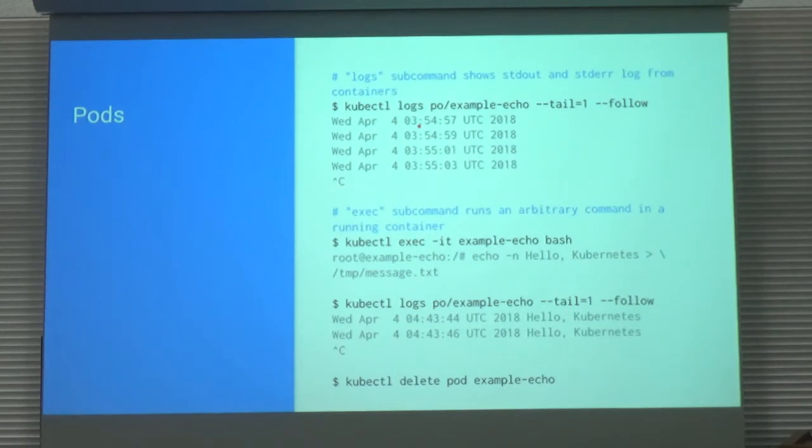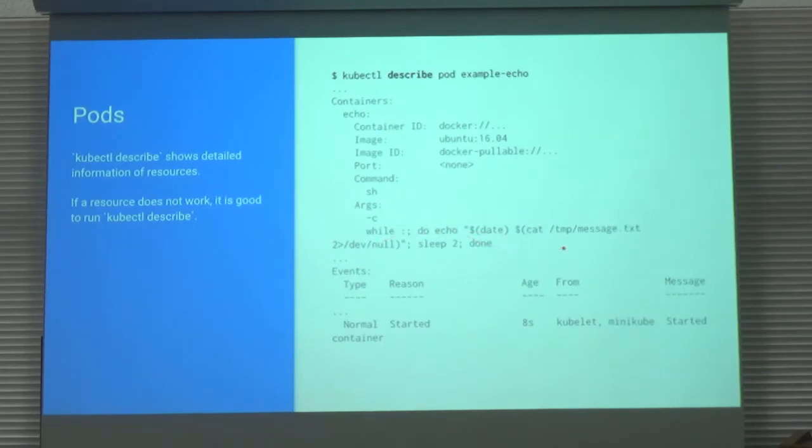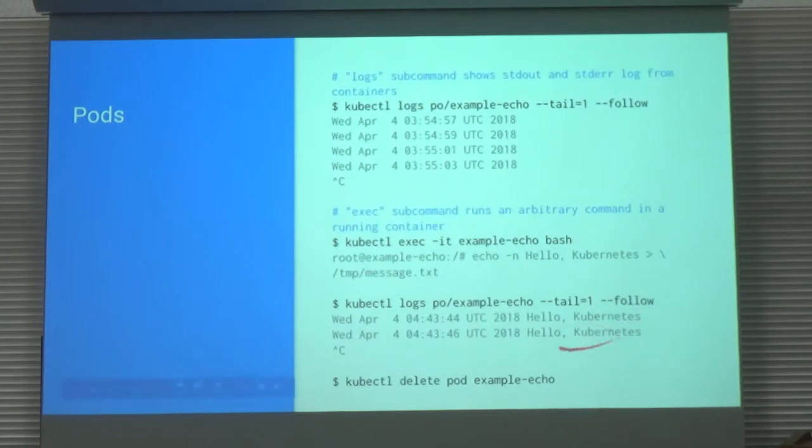This pod writes a log, and we can get a shell into the pod by kubectl exec. As you see, bash, and in the container, creating a file, then this command shows /tmp/message.txt, so there is the message.